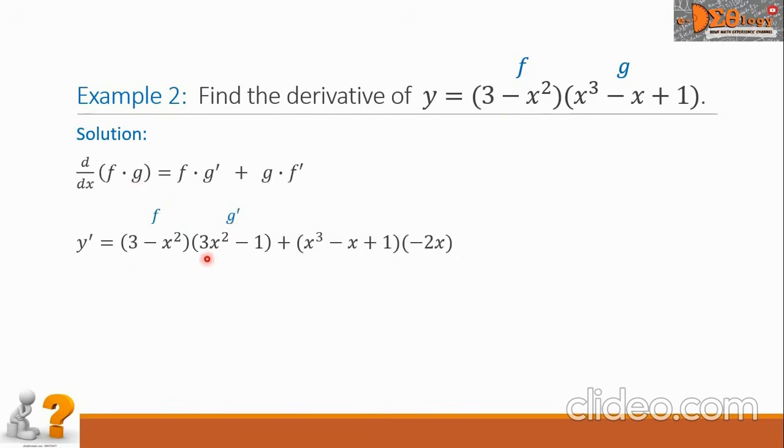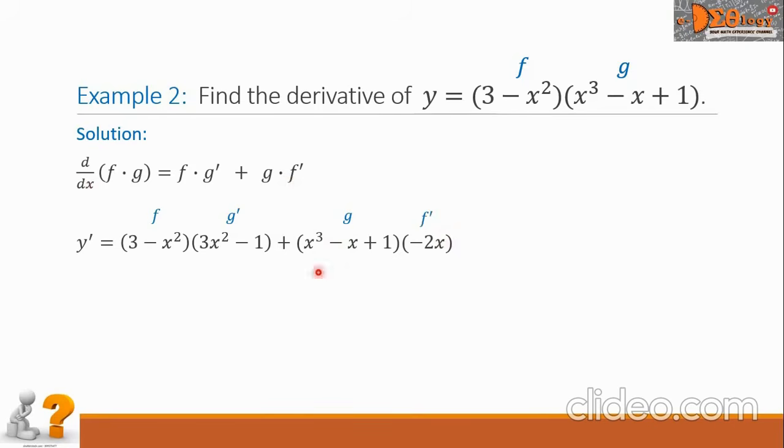So we have here 3x squared minus 1, then plus the g is the second function, so we have x cubed minus x plus 1 times the derivative of the first function f, that is f prime. So we write here negative 2x.